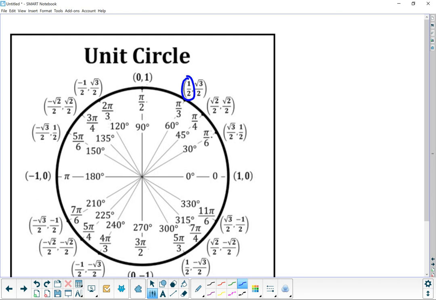Right here and right here. At those two locations. So that's a half right there, and that's a half right here. So our two answers are pi over 3 and 5 pi over 3.